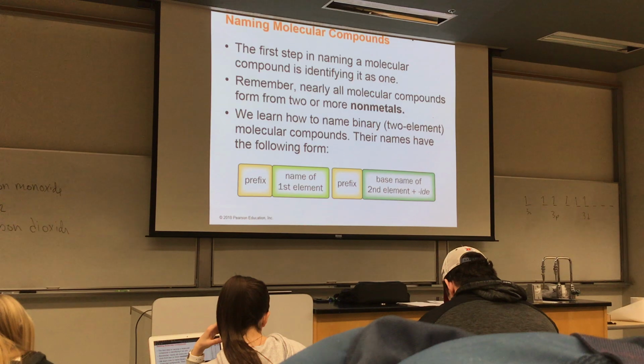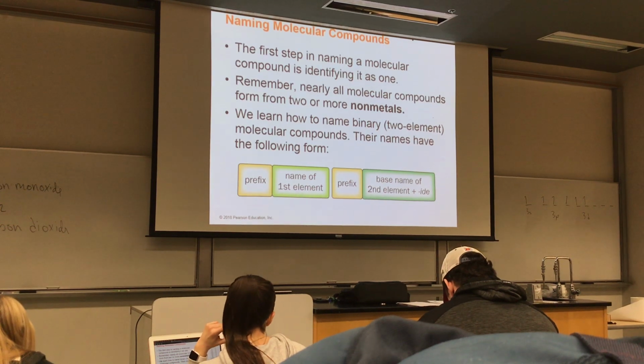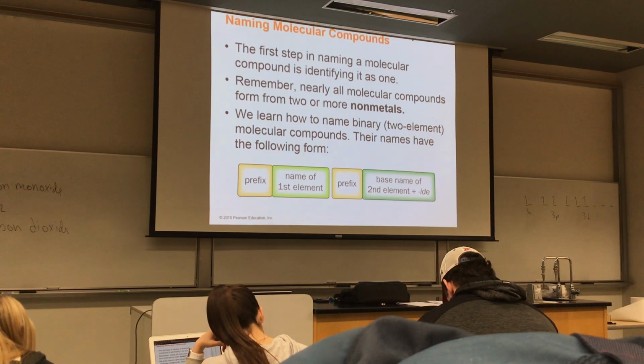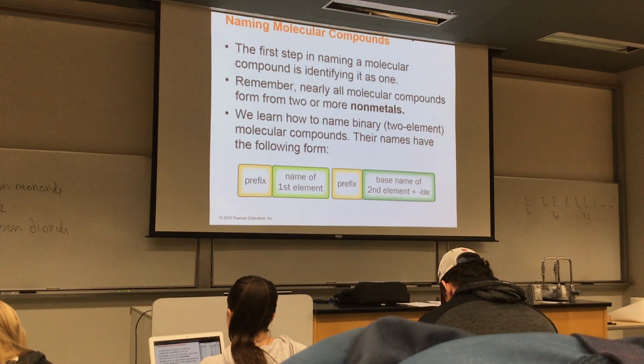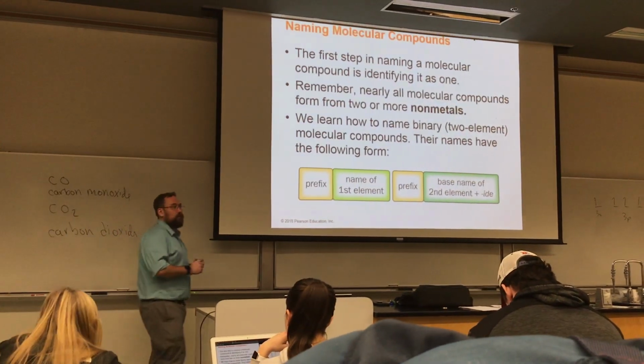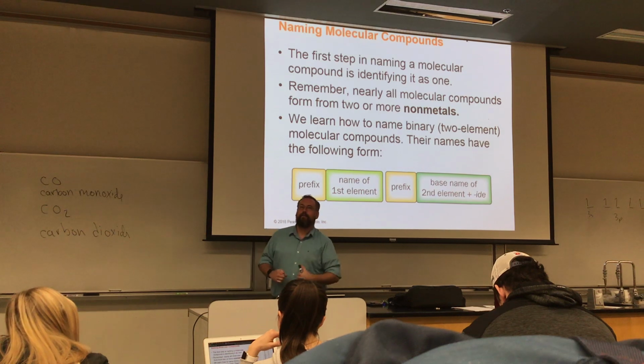We could call this monocarbon monoxide, but if it's only one, we can drop the mono and assume that we meant one. If it was more than one, then we would specify it.